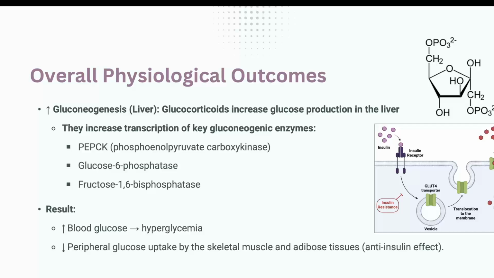This leads to hyperglycemia. But the elevation in blood glucose level does not occur only by increased production of glucose in the liver and its release into the blood, but also by its anti-insulin action. What do we mean by anti-insulin action? Insulin is responsible for peripheral uptake of glucose and decreasing the blood level of glucose.